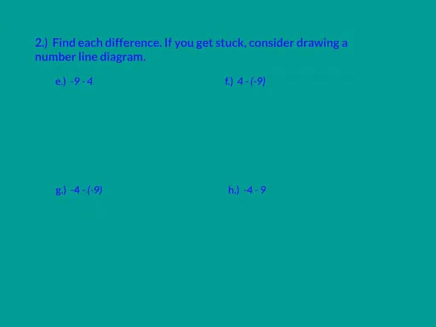Moving right along, I'm continuing to find the difference of these. I think what I'm going to do is these, I guess I'll do the number lines and then the rules again. Easy enough. So my number line, start, face, move, end.